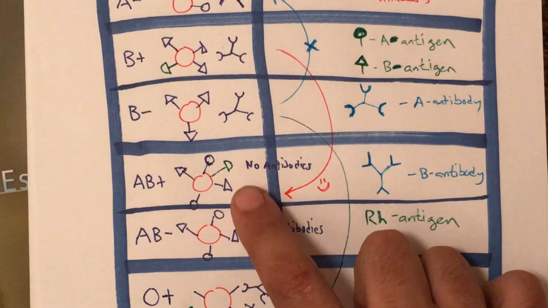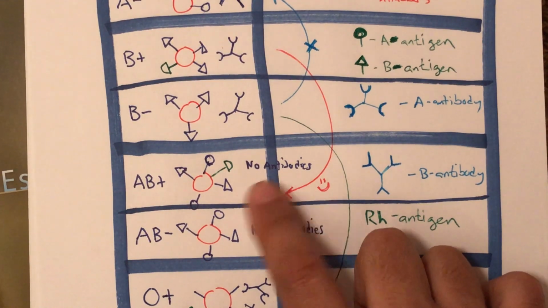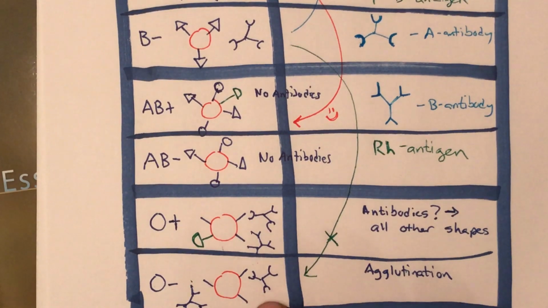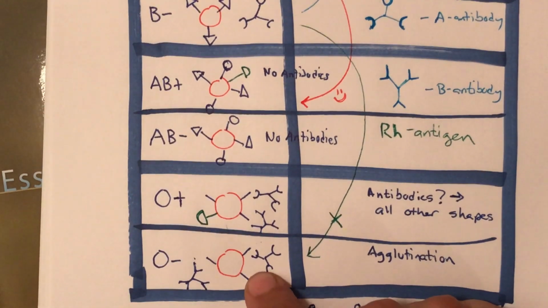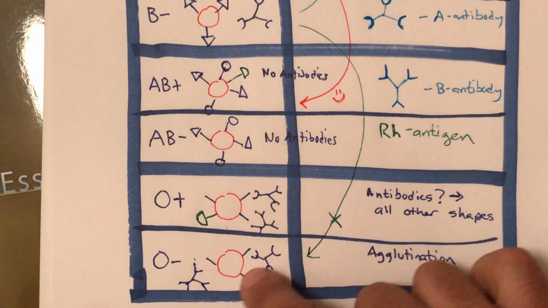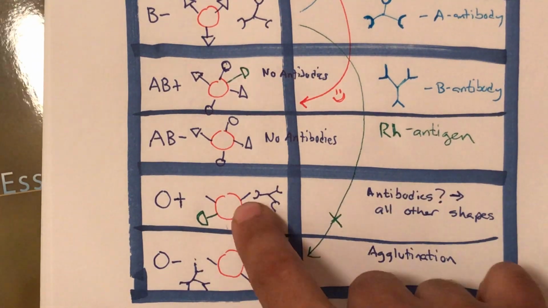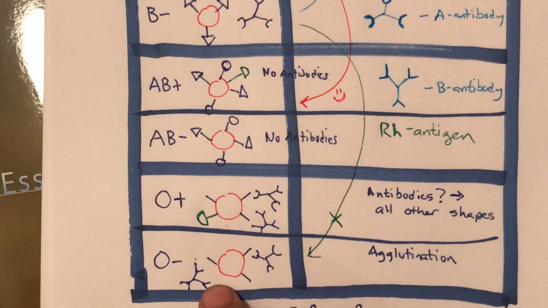And a person with AB positive blood could receive from anyone because they have no antibodies to attack. Turns out that the person with O negative can give to anybody because they have no antigens on their red blood cells. They don't pose a threat to anybody.